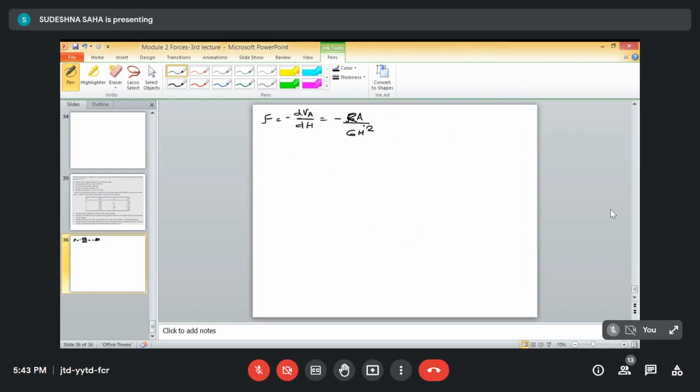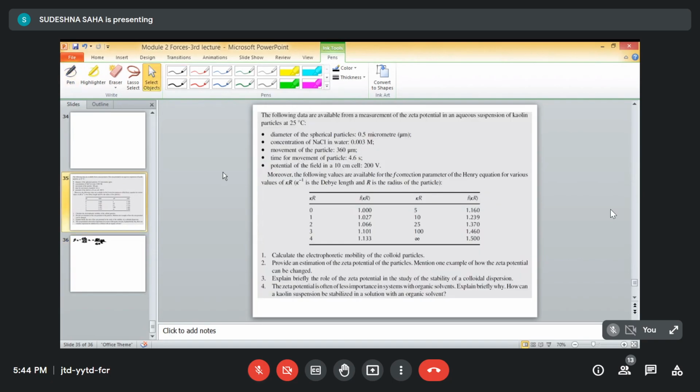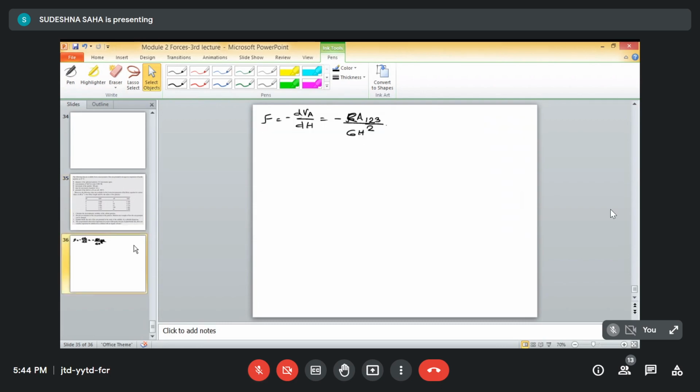We have already basically written all these equations, so we can put it in terms of r 1 2 3, because this is basically a particle moving in NaCl water. All these things are there, so we have to go for that.